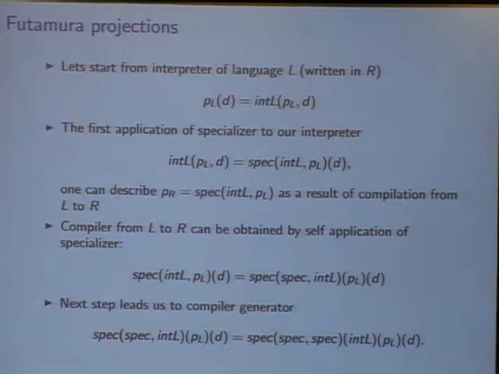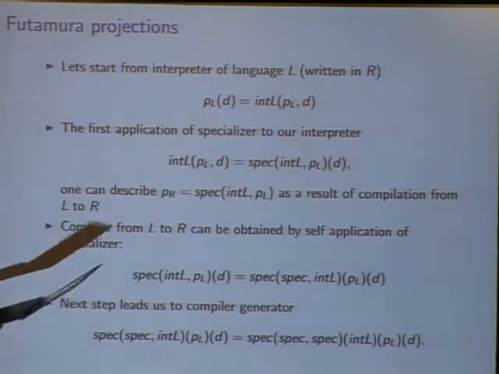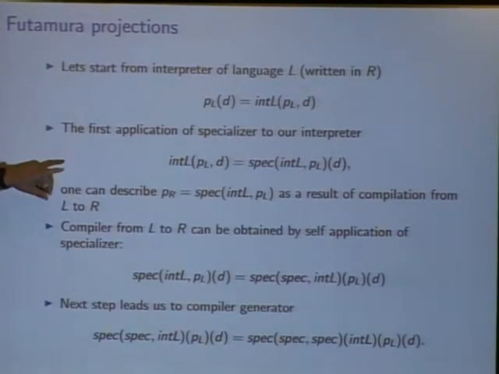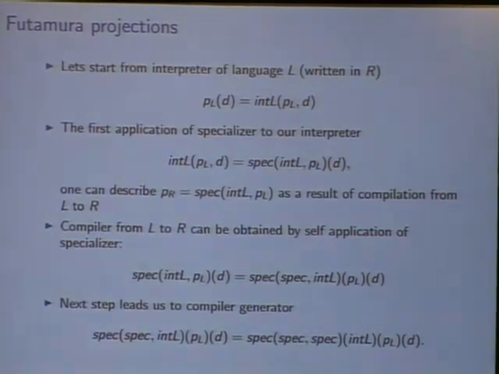Futamura found that if the specializer is written in the same language as the programs it specializes, then we can apply it to itself. Let's start from the definition of interpreter. We can create the first Futamura projection by applying the specializer to the interpreter.